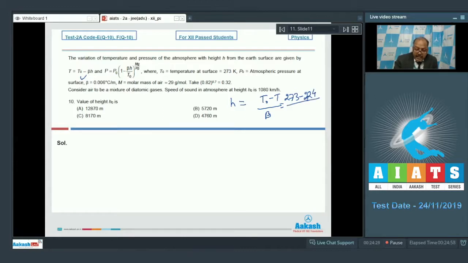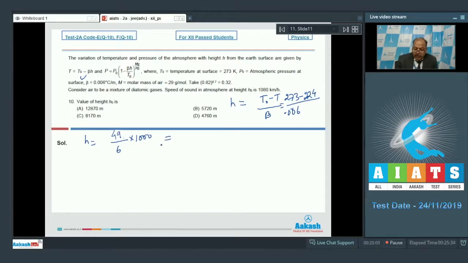And the value of beta is 0.006. It is a degree C per meter. It can also be taken to be in Kelvin per meter. So the value of H comes out to be equal to 273 minus 224 is 49 divided by 6, and there will be 1000 here.